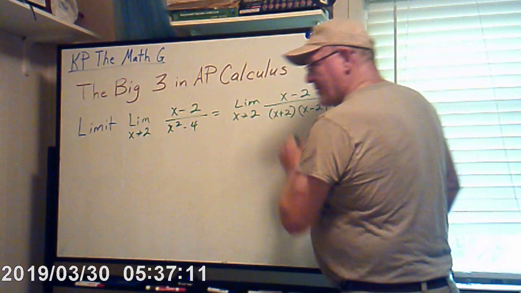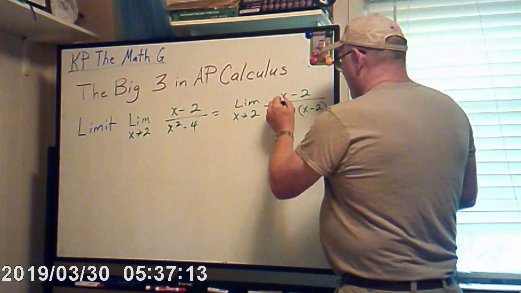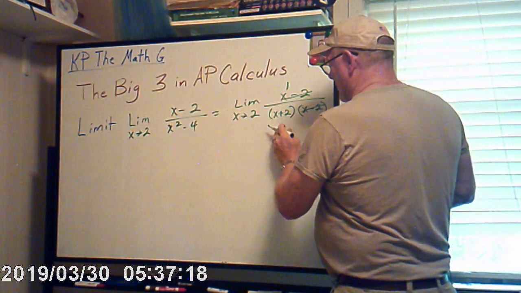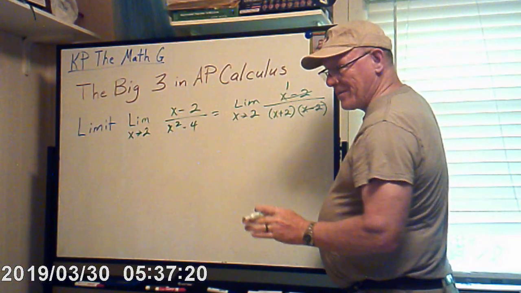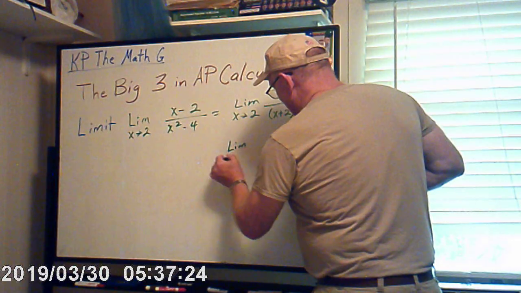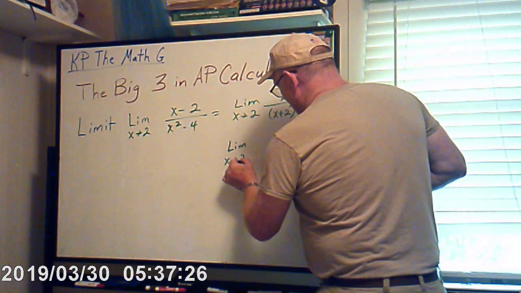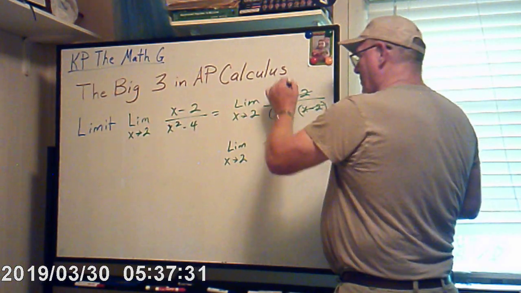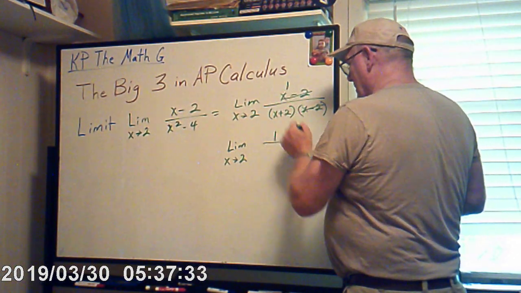Notice here you got something that you can cancel out. Do not leave it as just x plus 2. That's 1 over x plus 2. Sometimes we make mistakes doing that. It is common to see that sometimes, but don't do that which is common to see. Put a 1 up here. There is something here. It's 1.